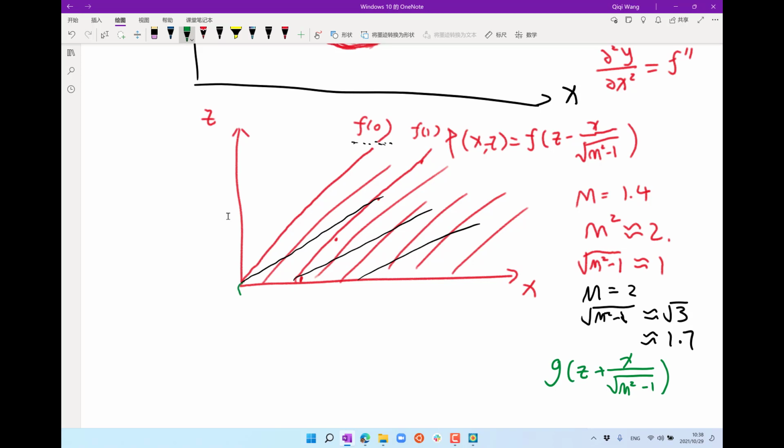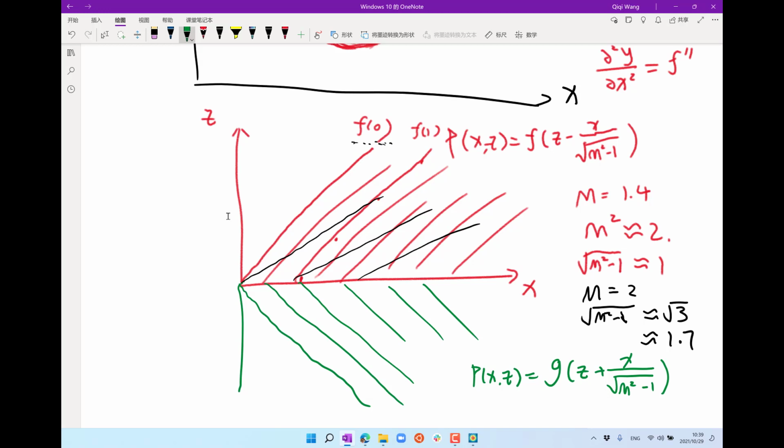Let's actually extend the axis a little bit. When X increases, G has to decrease for the value to stay the same. So as X increases, G would decrease, so you get iso lines like that. So that's waves emanating from the underside of the airfoil.